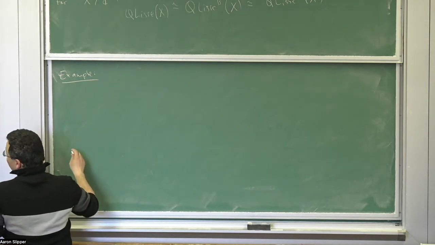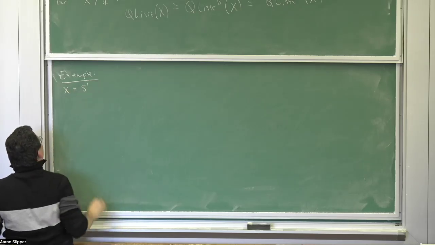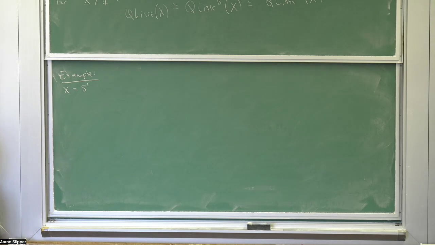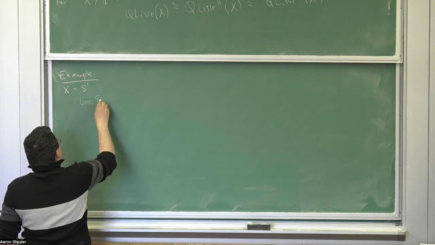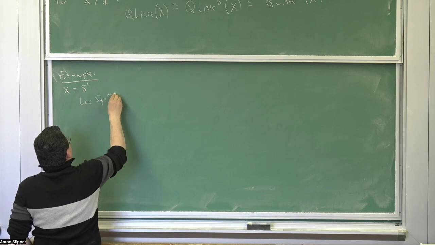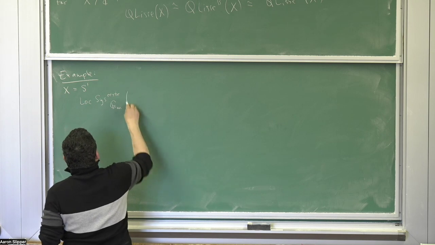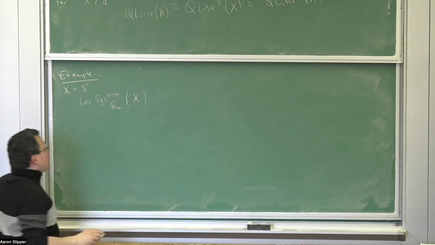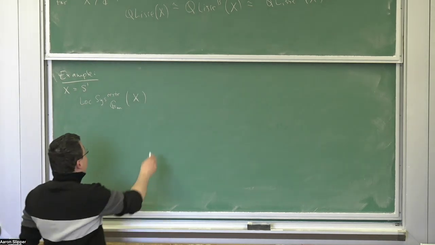Let me work in the Betti setting. So take X to be a circle. So we can study this restricted version of the Betti moduli space of X. So what is it?